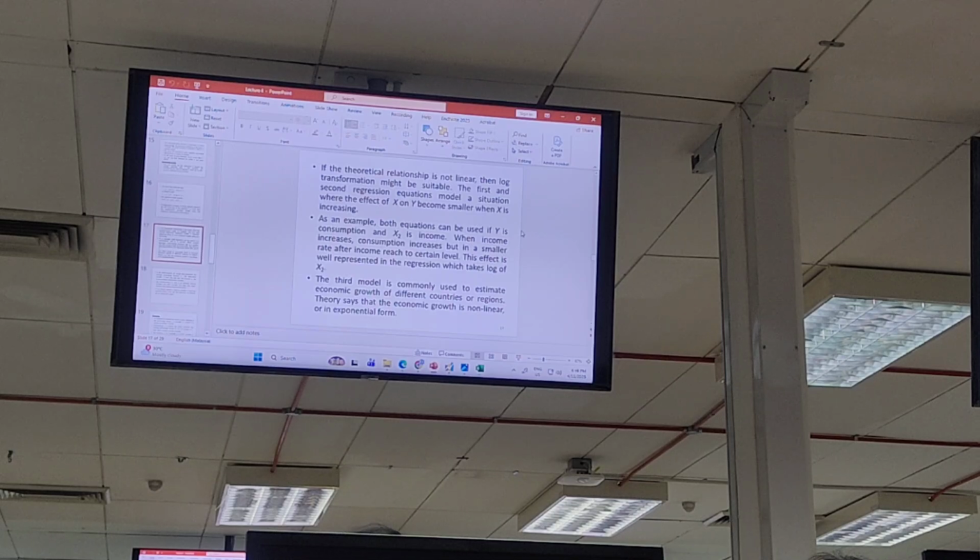The first and second regression equation models are where the effects of x on y become smaller when x increases. As an example, both equations can be used if y is consumption and x is income. When income increases, consumption increases at a smaller rate after income reaches a certain level. This effect is well represented in the relation which takes the log of x.